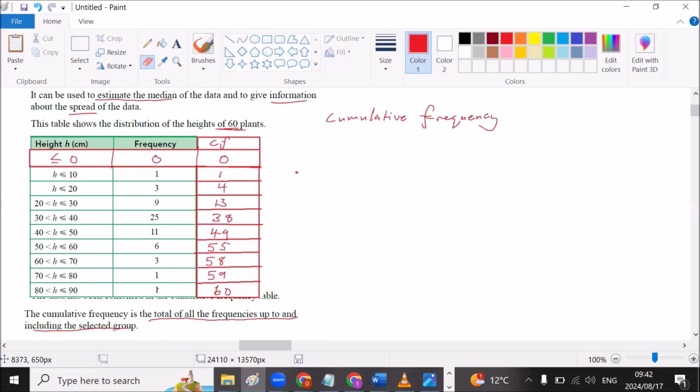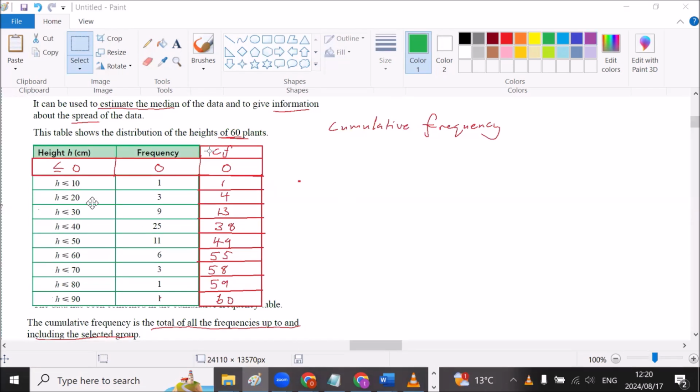So when constructing our cumulative frequency table, we'll have to take out the lower limit and only remain with the upper limit, because the cumulative frequency table is the total of all frequencies up to and including the selected group.